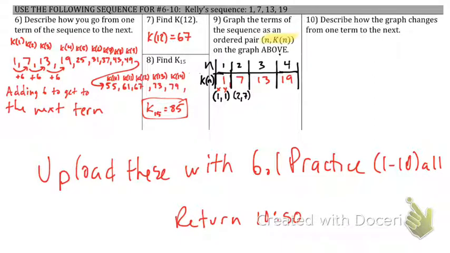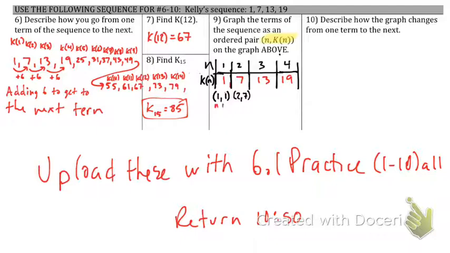But it doesn't change the fact that we can still plot these. So instead of thinking of this as X and Y, what this problem is asking you to think of is function notation. We're going to call the X now N, and the y we're going to call k of n. Let me put it on the bottom so it's better.